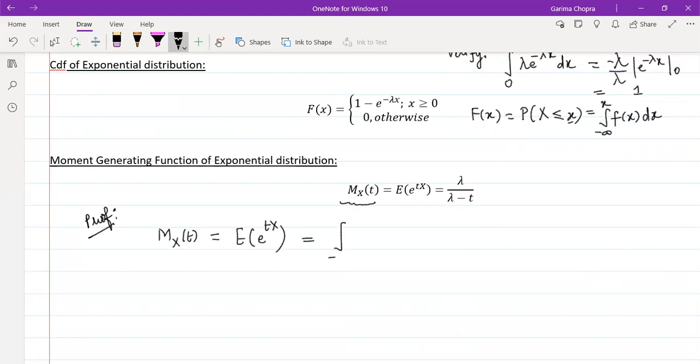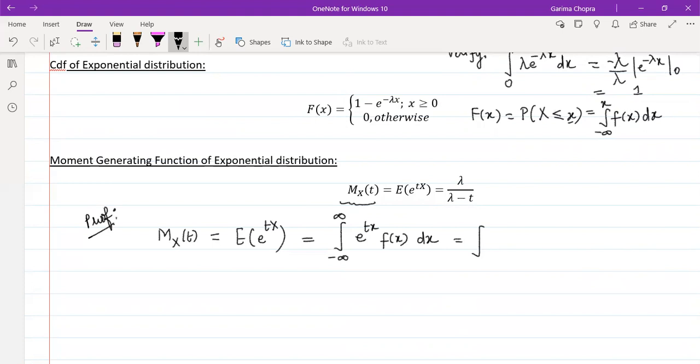It will be given by this integral, which will be from minus infinity to infinity. Then we will have e raised to power tx, and then our PDF in the product fx, and this will be integrated with respect to x. Now let us put here the probability density function which we have for the exponential distribution, which we have discussed just now.